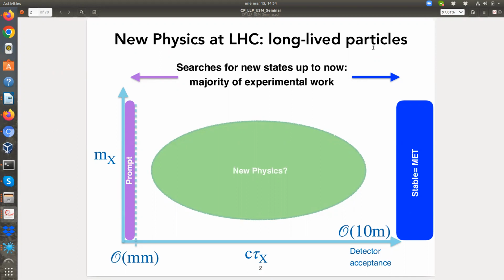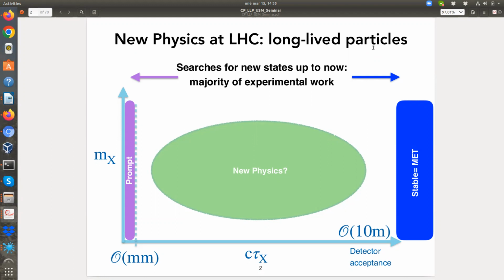And what the physics program at the LHC has been focused on until recently is this part here. In the x-axis, you have the mean proper decay length, what we call c tau, or you can use that as lifetime. So the longer you live, the longer you travel. And we like to use c tau because that has to do with the detector length, as you will see later on.